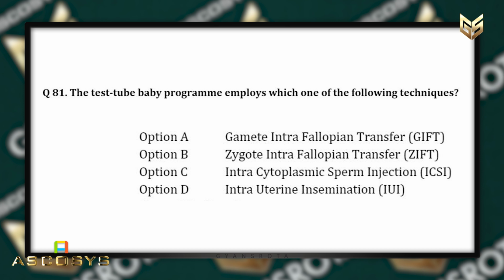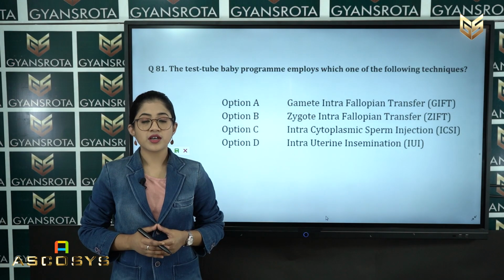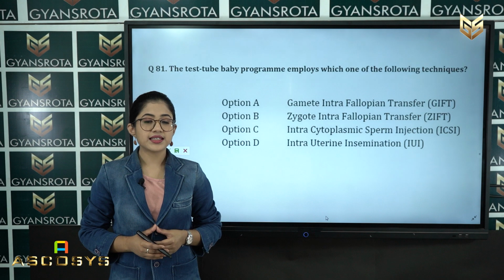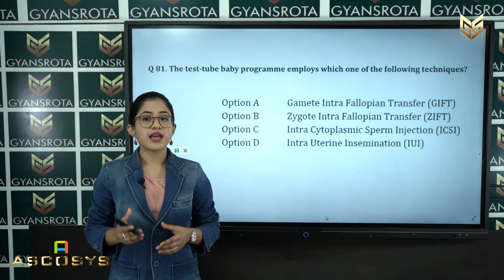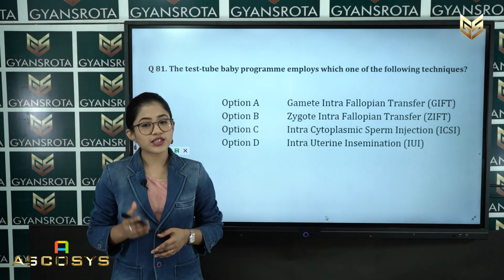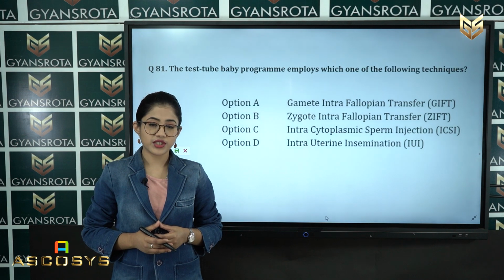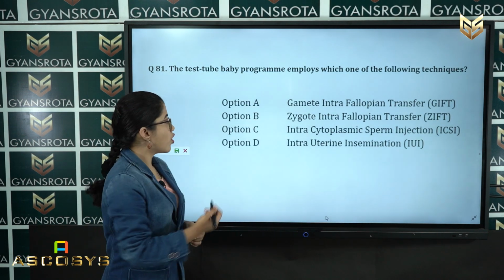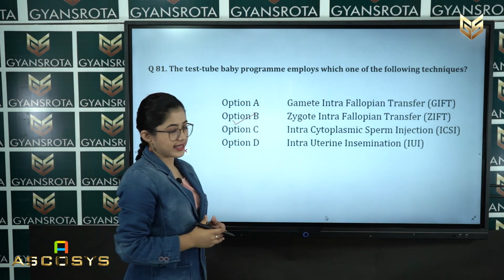And option number D, intrauterine insemination, which is IUI. Student, in the chapter reproductive health, we have taught about this, that the test tube baby program employs zygote intrafallopian transfer, which is ZIFT. So, among these 4 options, option number B is the correct answer.